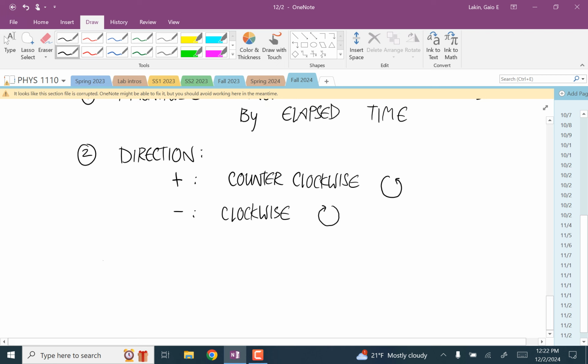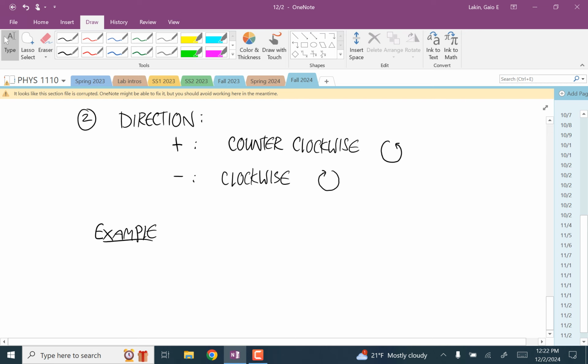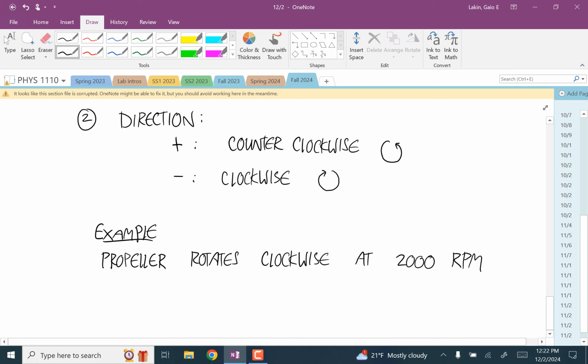Okay, so let's do a quick calculation. Thinking about a rigid body rotating about a fixed point. A good example of that is a propeller. So let's say that a propeller rotates clockwise with a speed of 2,000 RPM.